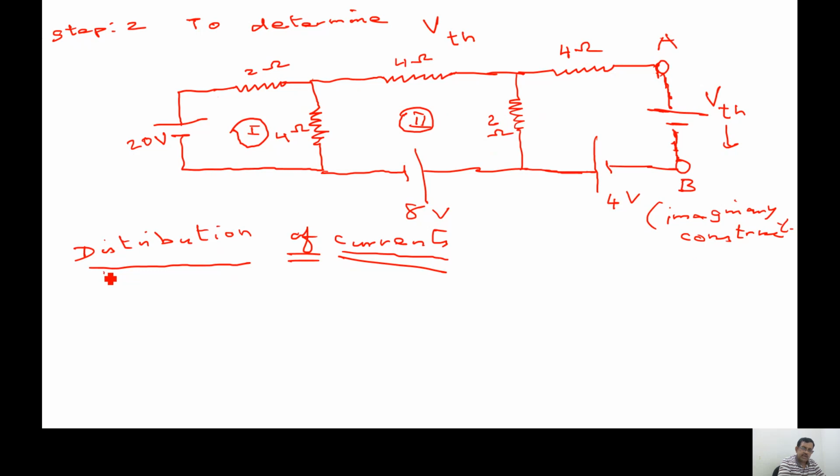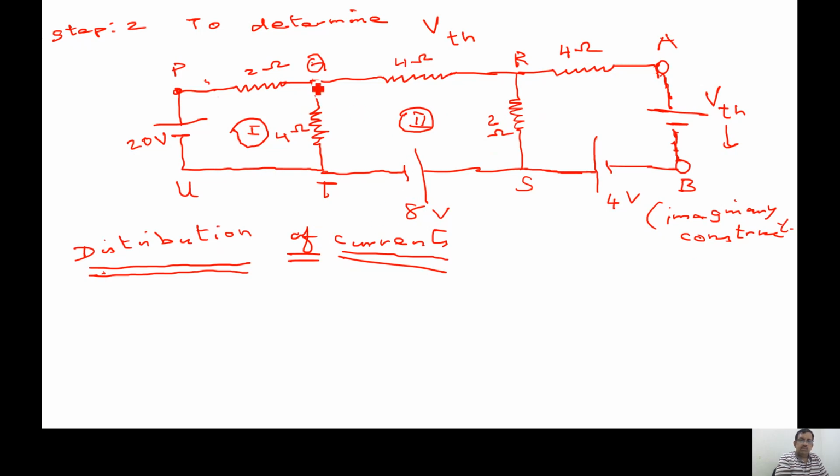So how do I distribute current from the source? Let us say I start from the left. At this point, let me mark this as P, and Q, R, S, T, U. I have marked the terminals like this, each node.